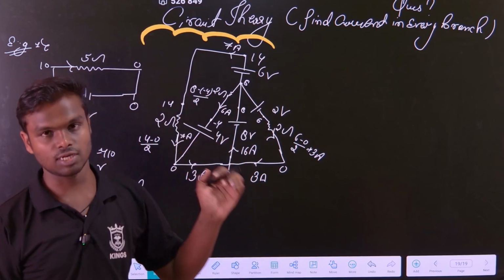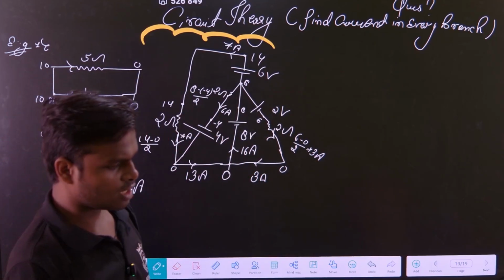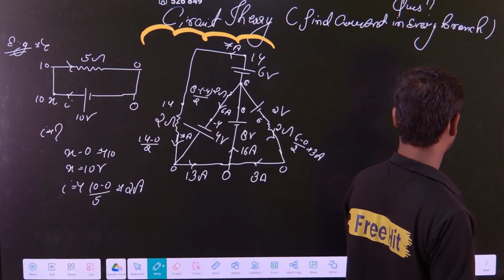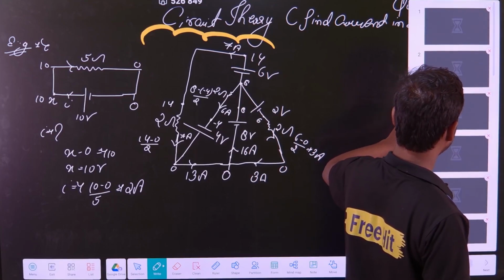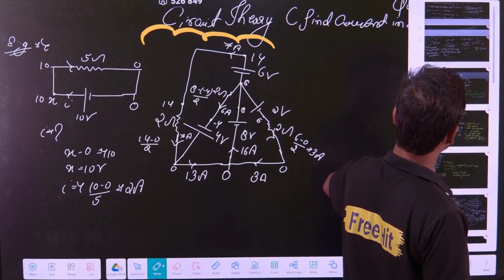Then after that you calculate current, and then simply apply the basic idea about current that we have learned, that current direction is important, that we have seen here in the first lecture, if you remember.